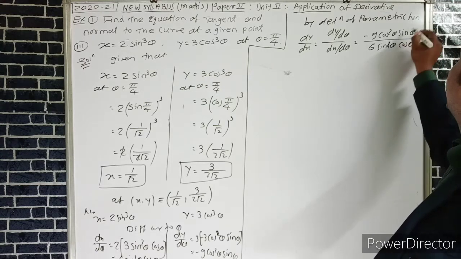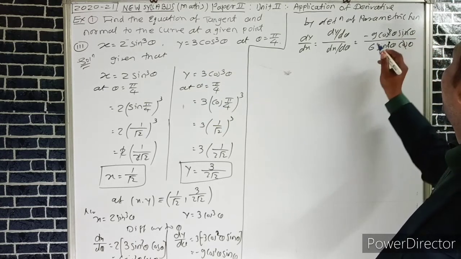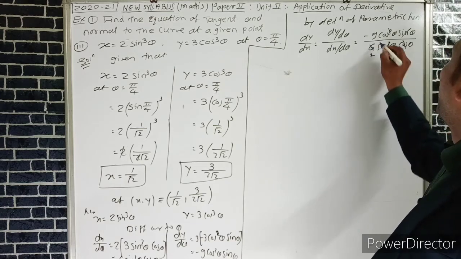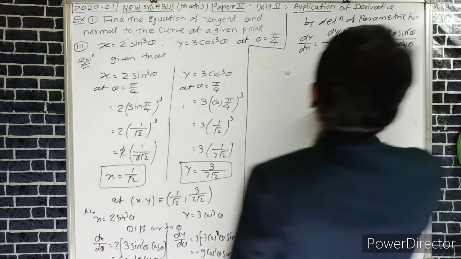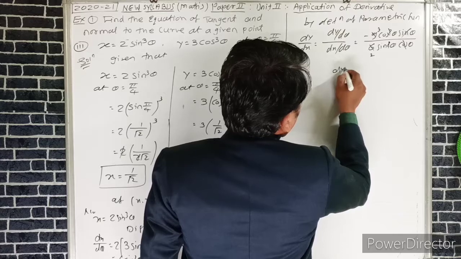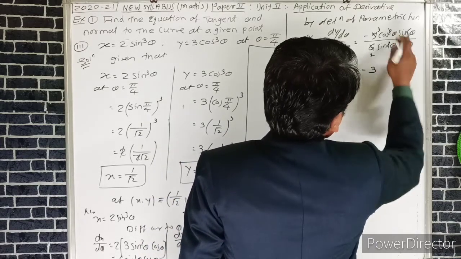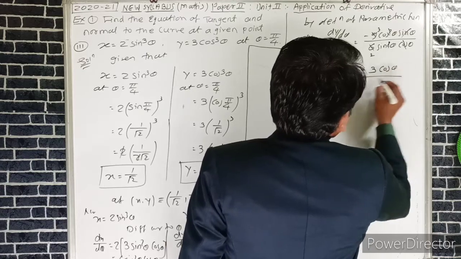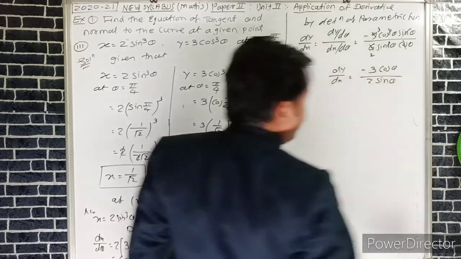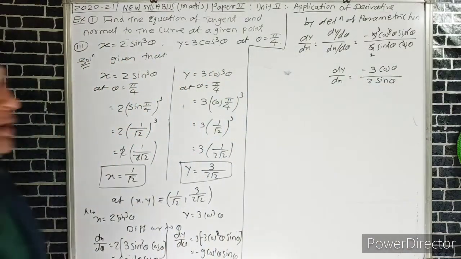Here sin square and sin cancel, cos square and cos cancel. We can write dy upon dx is equal to minus 3 cos theta upon 2 sin theta. Cos theta upon sin theta is cot theta.